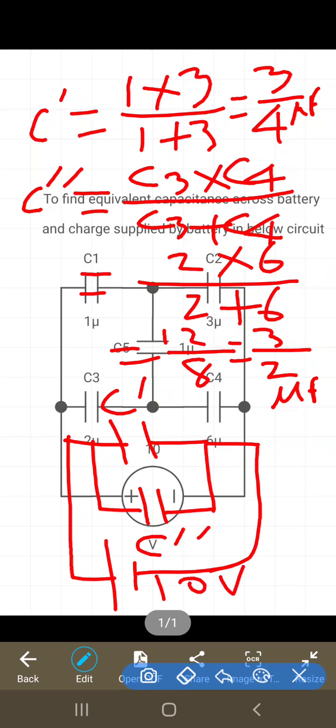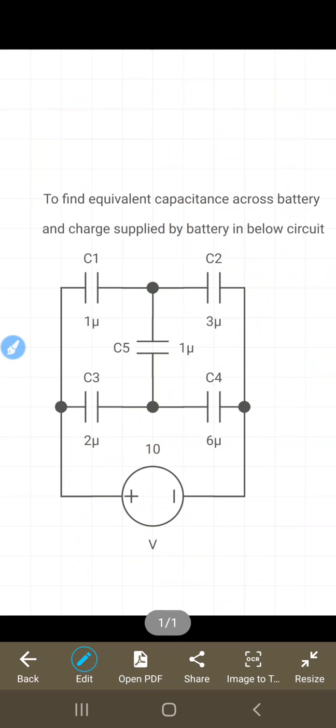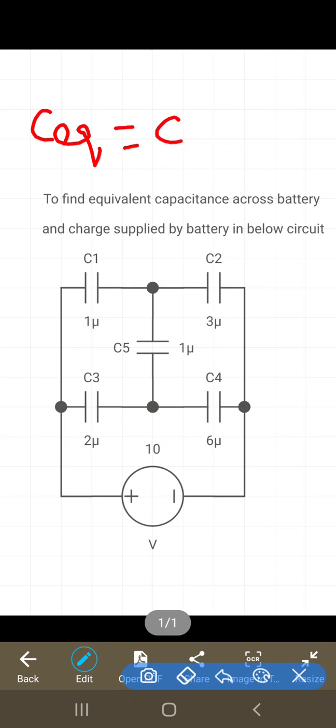So for parallel, C equivalent across the battery will be equal to C dash plus C double dash, and it will be equal to 3 upon 4 plus 3/2.